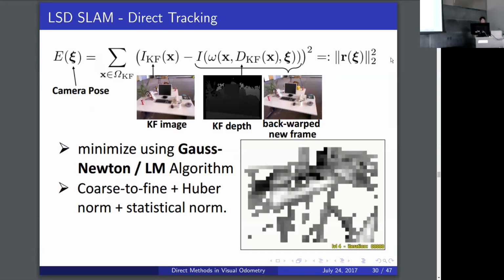So in terms of the direct tracking, there's not much to it. It's just trying to minimize the photometric error between the keyframe image and the current image. But do you know what the significance is of the projection function?